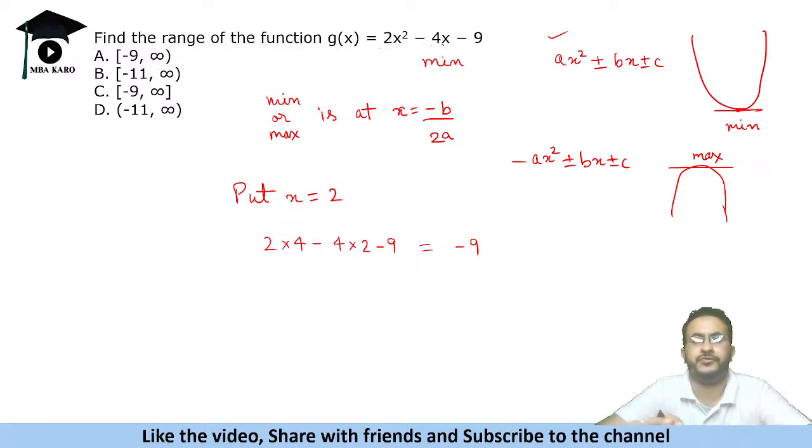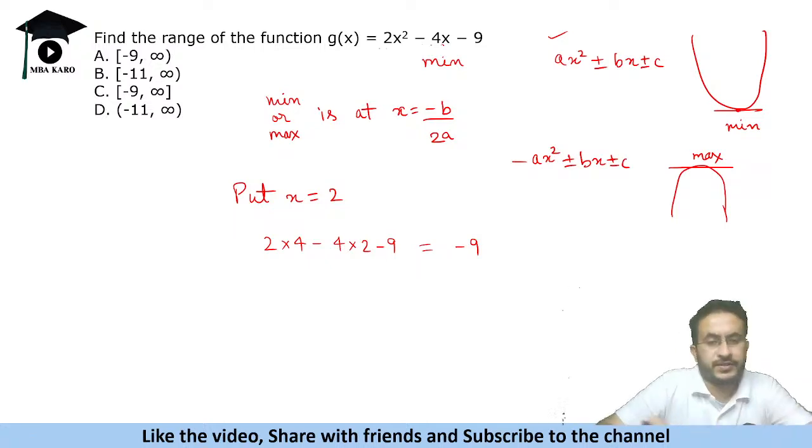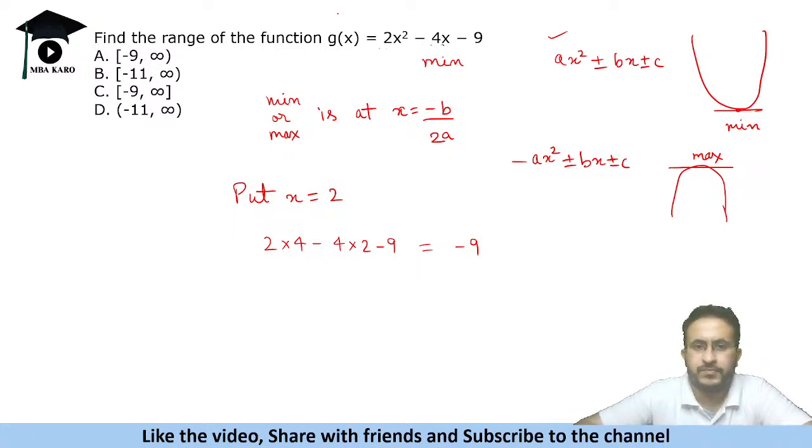So the minimum value of this function is 2x square 8 minus b upon 2a.